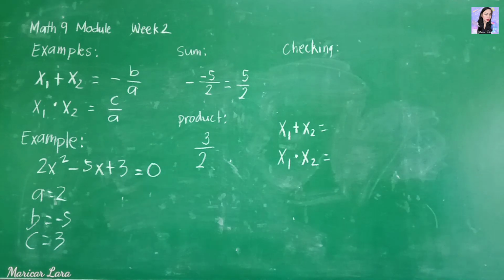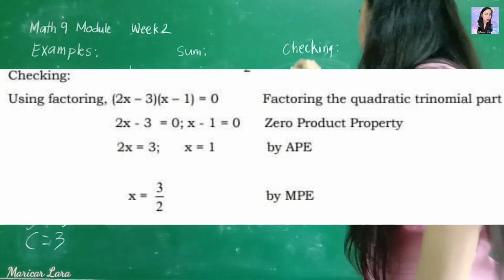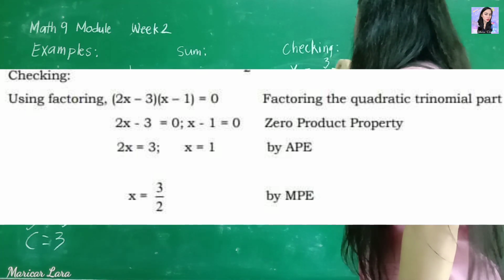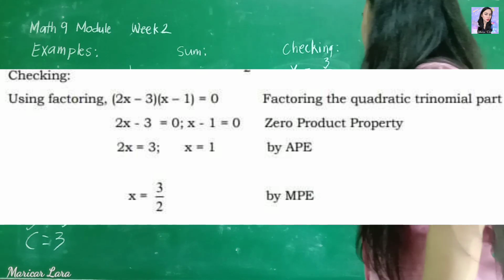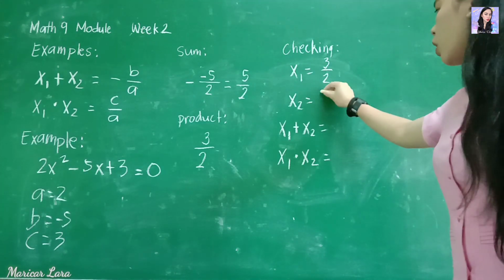Okay, try natin ang checking. So, dito sa checking, gumamit ulit ng factoring. So, nagkaroon tayo ng 2x minus 3 and x minus 1. And then, equate to 0. We will have x equals 3 over 2 and x equals 1.